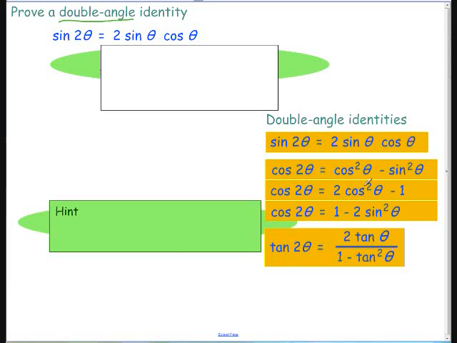But if I only know one of them, then I am going to have to use either this one or this one. Tangent double theta. There's what we use. Okay, so we're going to try to prove this one, this very first one.